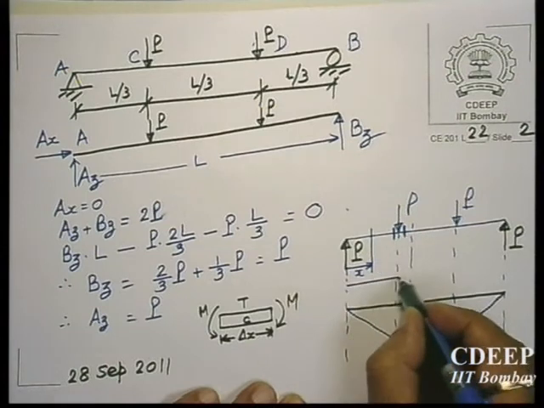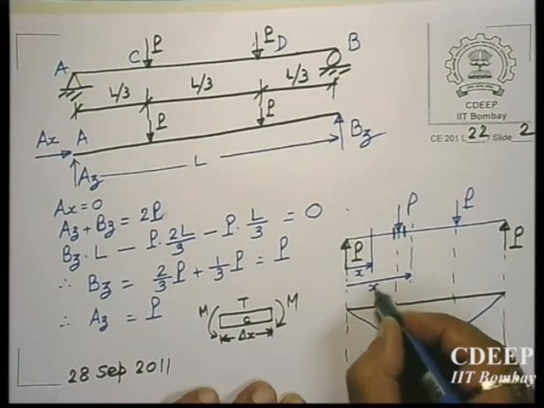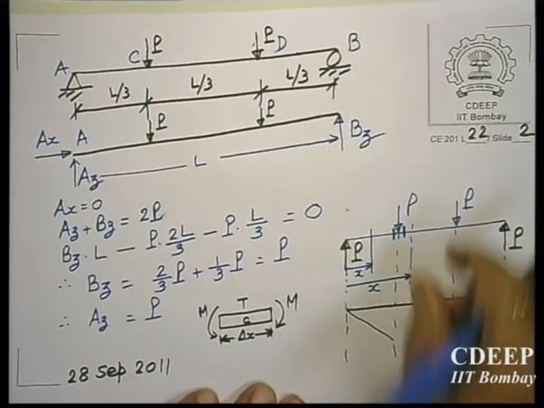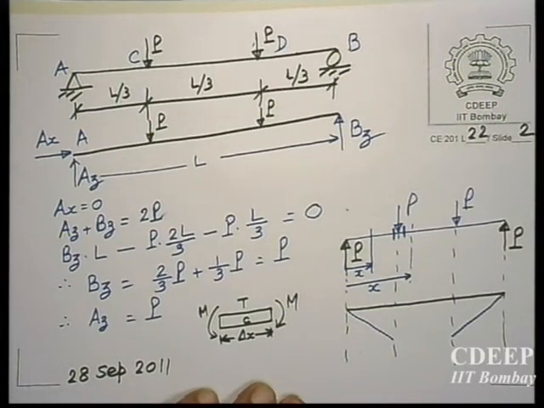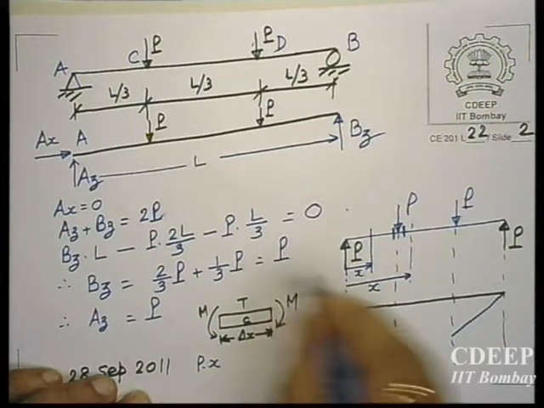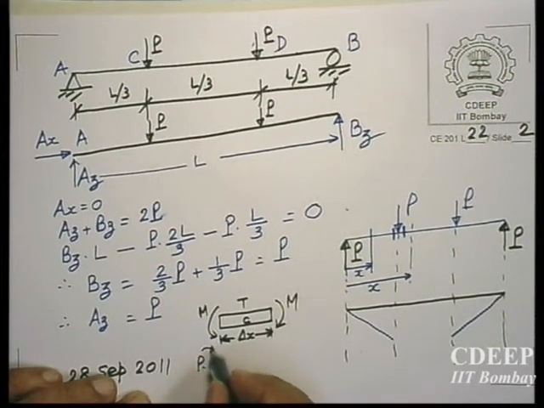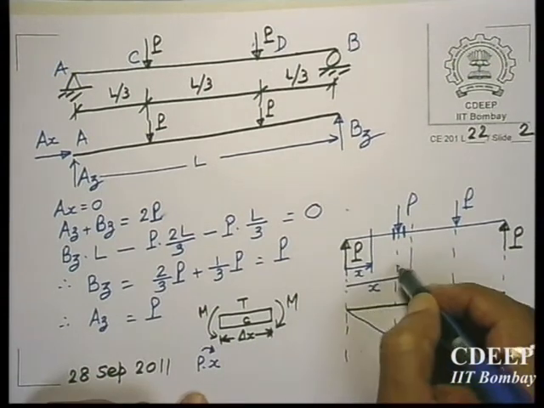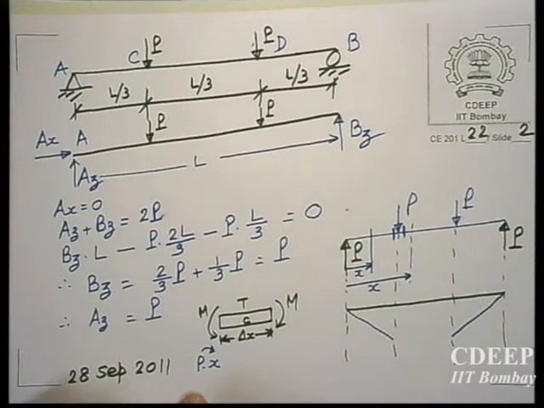Let us take x here. So it is P into x, and then this will produce negative. So it is P into x, and then this P into x minus L by 3, because this is L by 3.